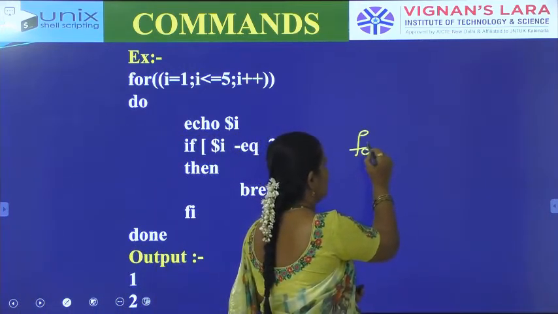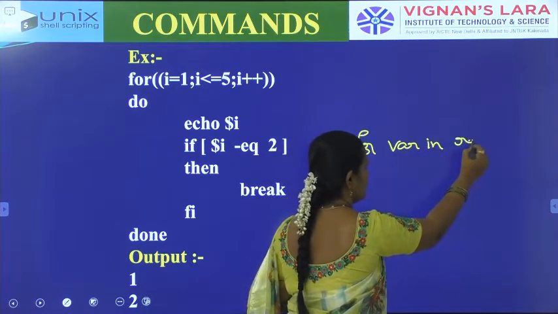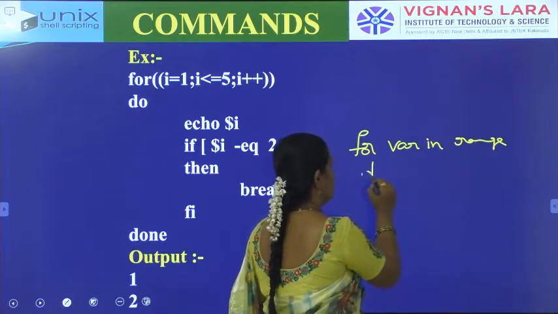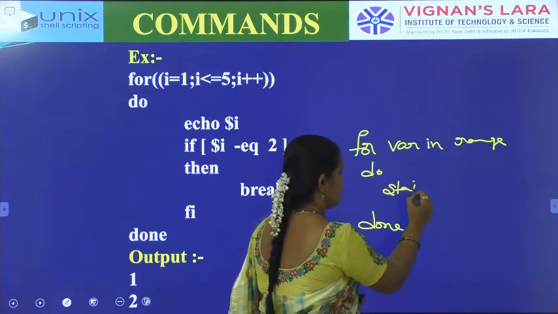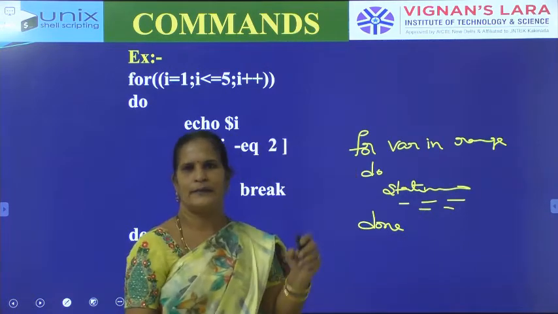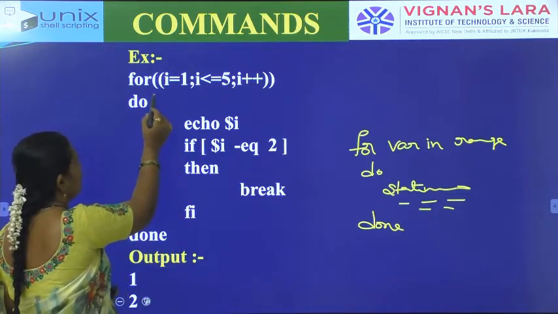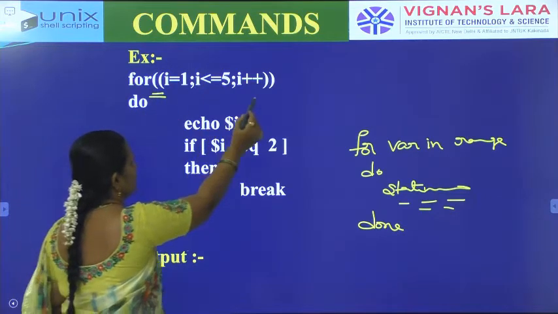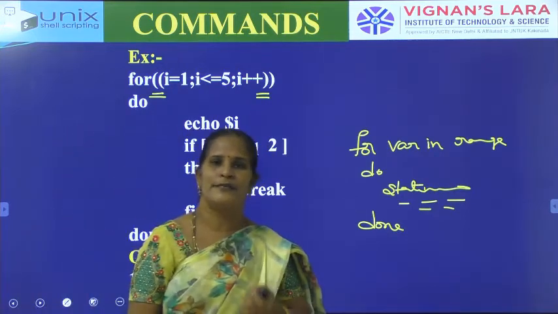Whereas in while and until loops, before the loop we have to specify the initialization expression, after while or until we specify the conditional expression, and in between do and done we specify the increment or decrement expression.